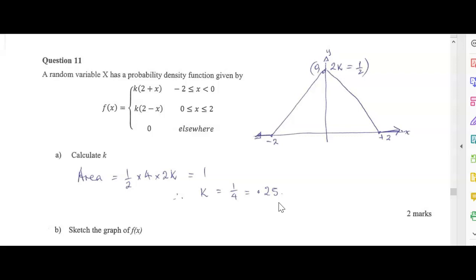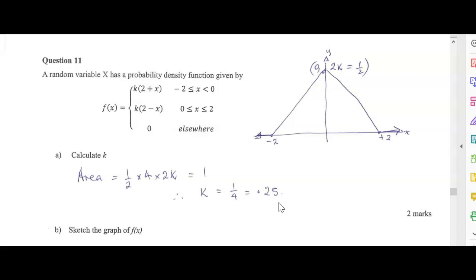If you sketched it, you would know it was a triangle, or you could just do a definite integral. So it's just using half base times height. Your base is from -2 to 2, and your height is 2k.